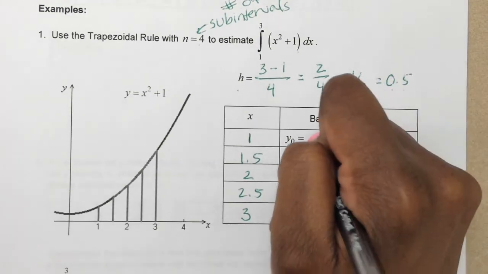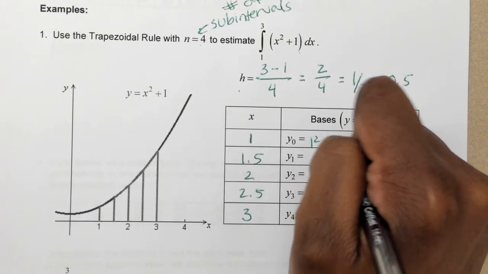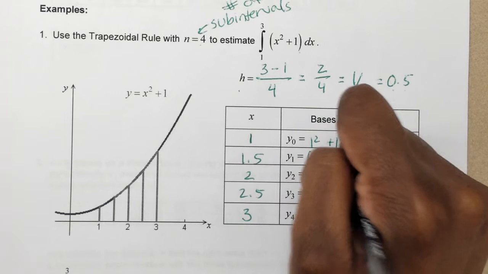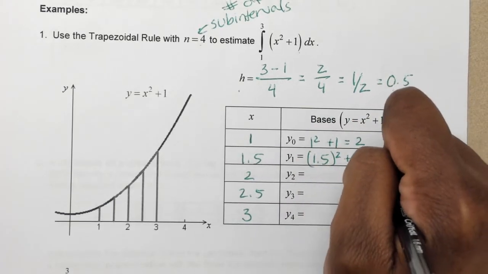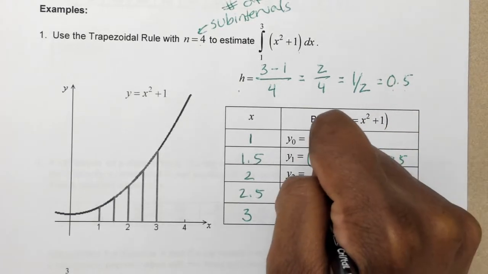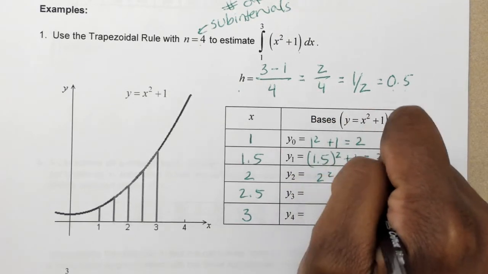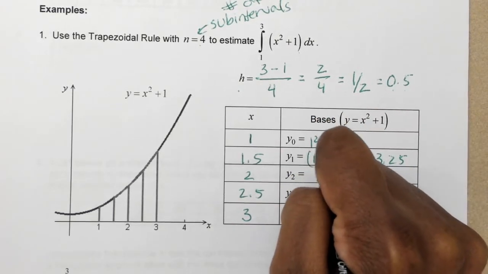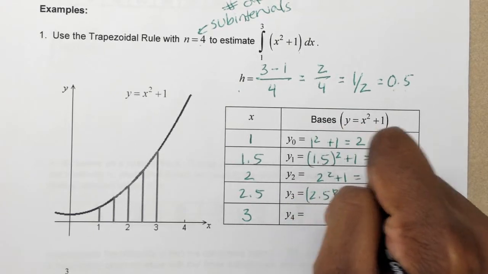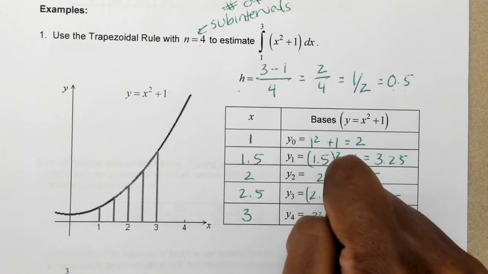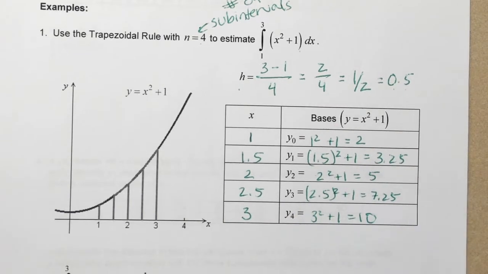So 1 squared plus 1 is 2. 1.5 squared plus 1 is 3.25. 2 squared plus 1 is 5. 2.5 squared plus 1 is 7.25. And 3 squared plus 1 is 10.